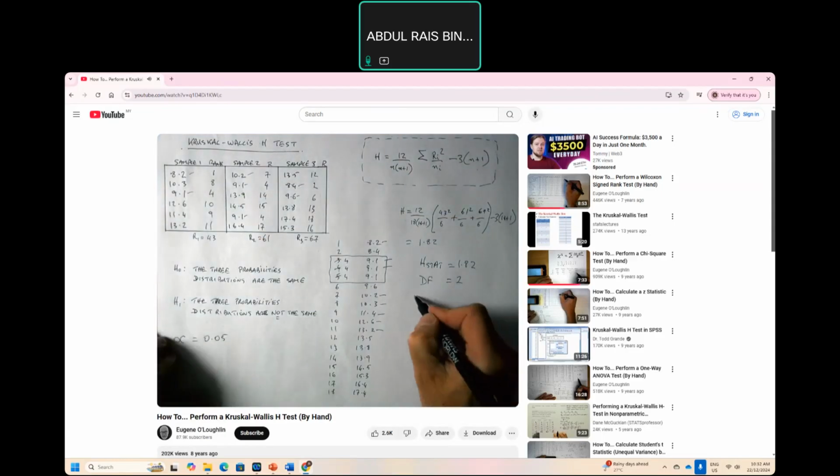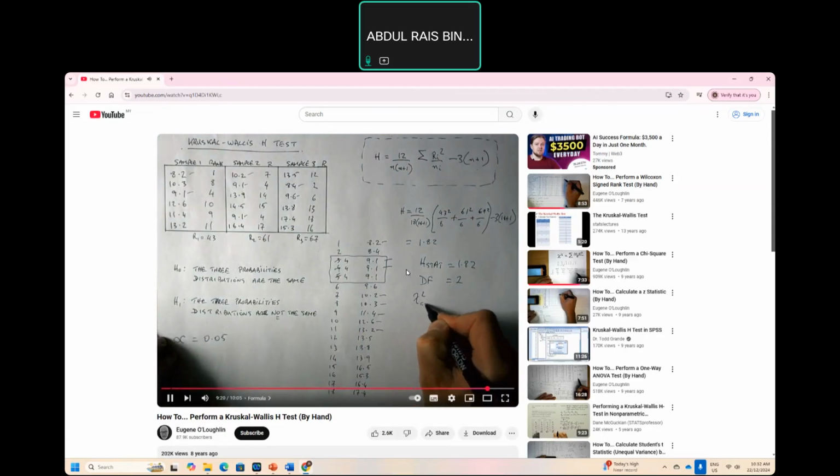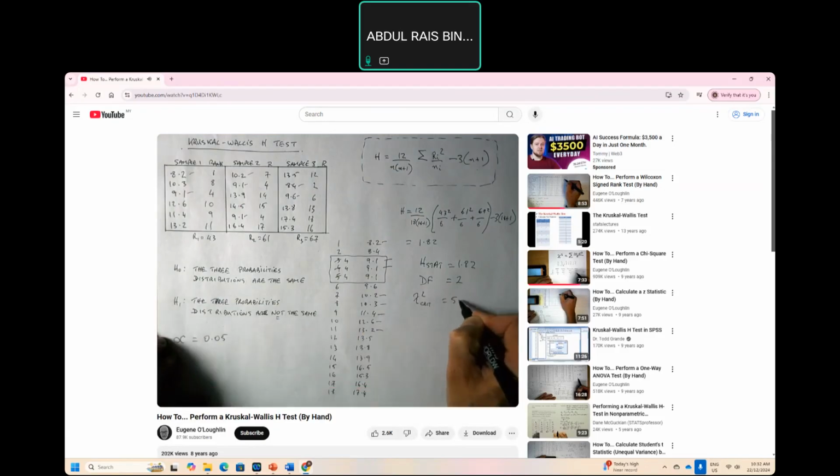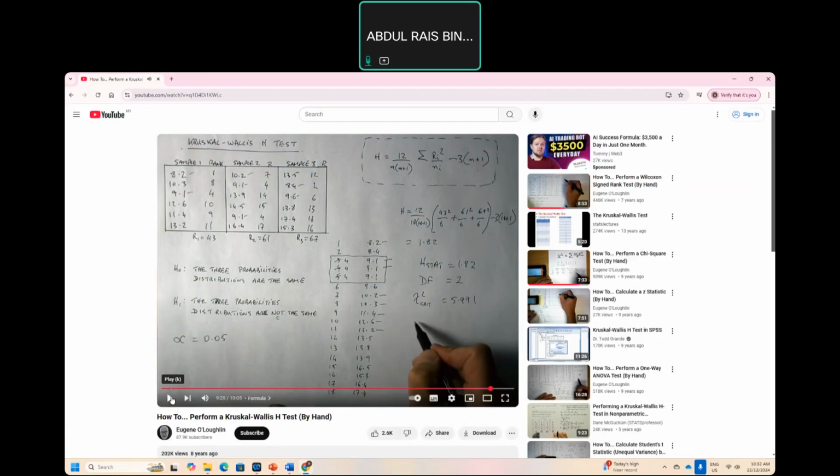So my chi-squared crit is equal to 5.991. I can see in this case here. Okay, so using the H stat, we got 1.82, but based on the distribution table, the critical value is 5.991. Okay.